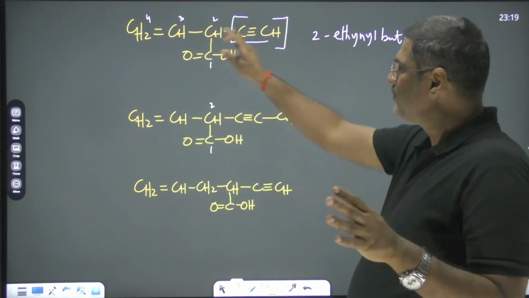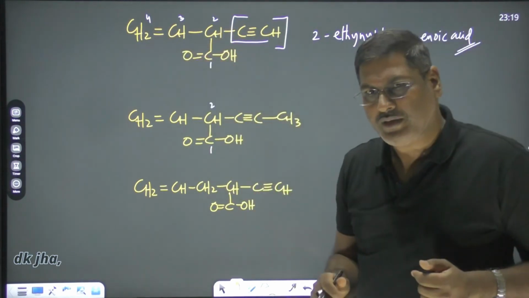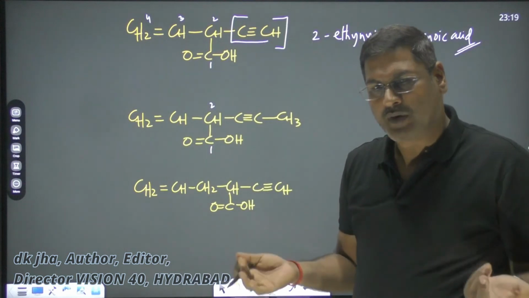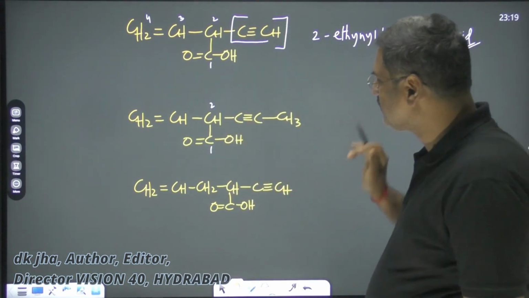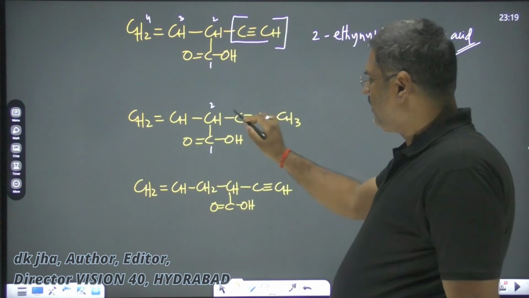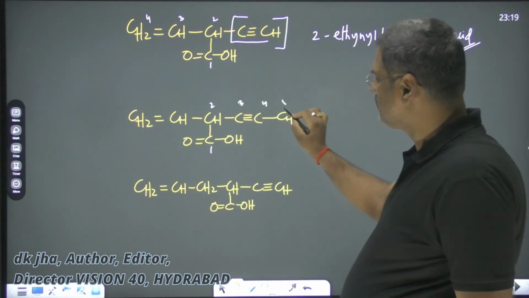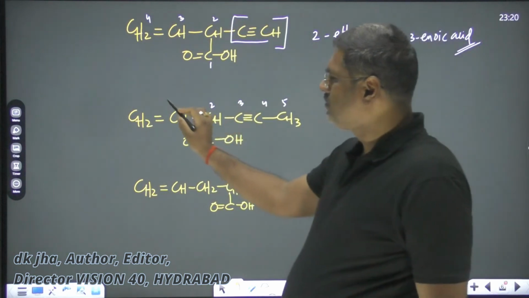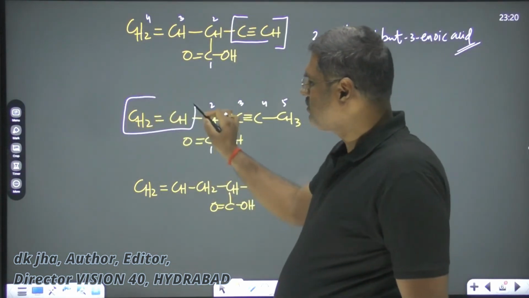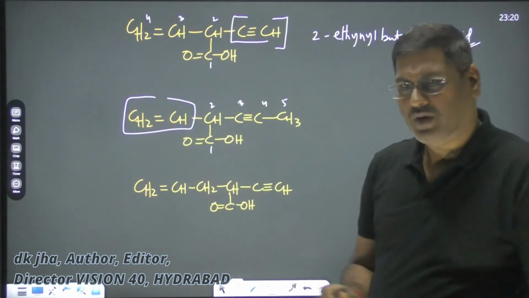If all other features are same, then double bond is getting priority. But if the number of carbon atoms are different, then this one is getting favor, and this one is third, this one is fourth, this one is fifth. And now, in this case, this one is treated as substituent. Right?